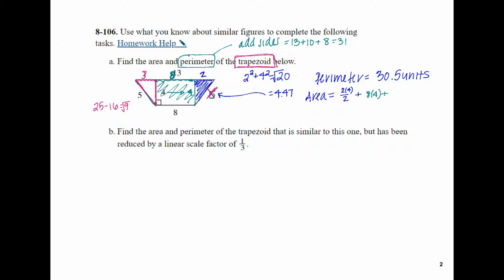And then I'm going to add in the area of my final triangle, which is a base of 3 times a height of 4 divided by 2. 8 divided by 2 is 4. 8 times 4 is 32. 12 divided by 2 is 6, and when I add these all up, I get an area of 42 units squared.